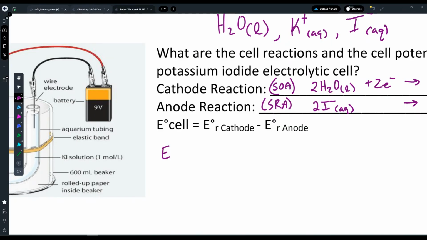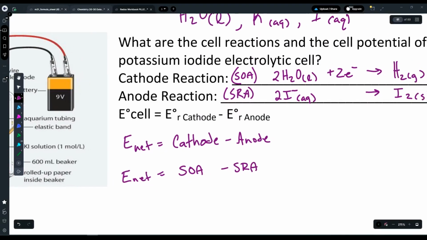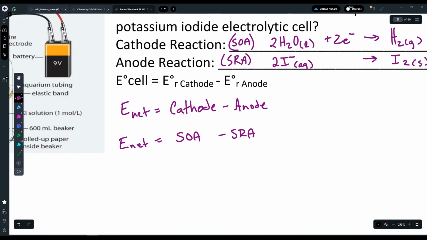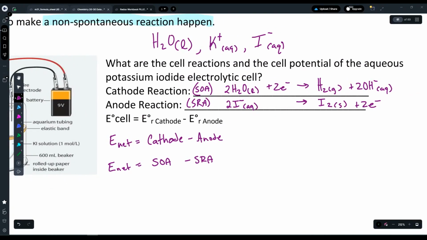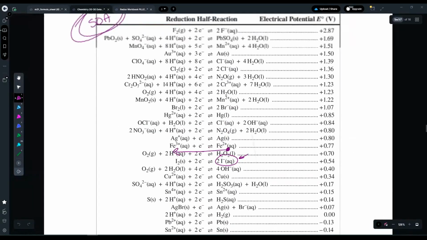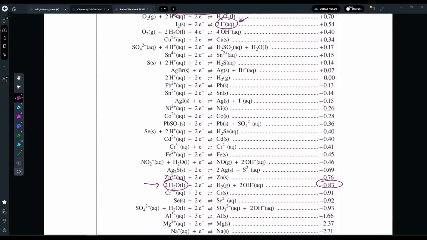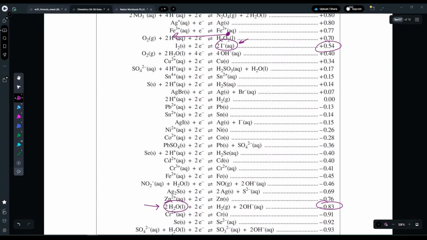Usually I just write this as E net is equal to cathode minus anode, or alternatively, if that doesn't work for you, you could just do SOA minus SRA. Okay, so the electric potential for both of these reactions: for our SOA, that was negative 0.83, and for the SRA, it was positive 0.54.